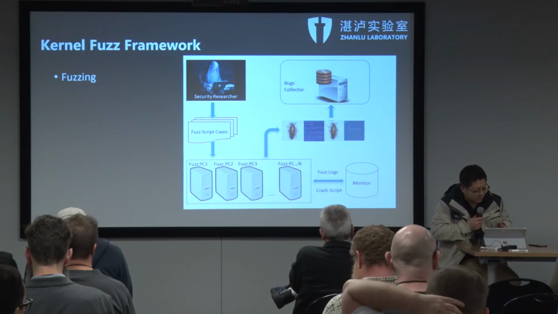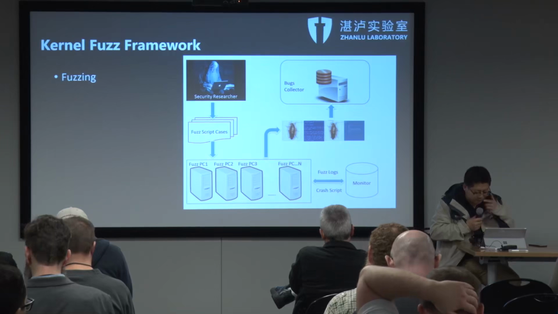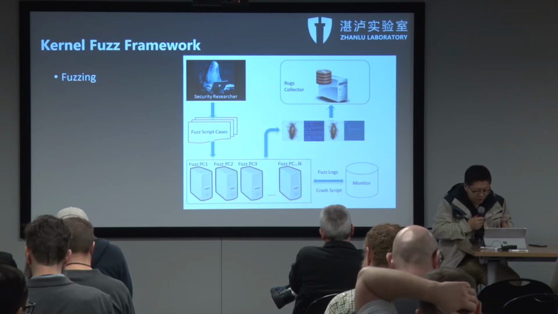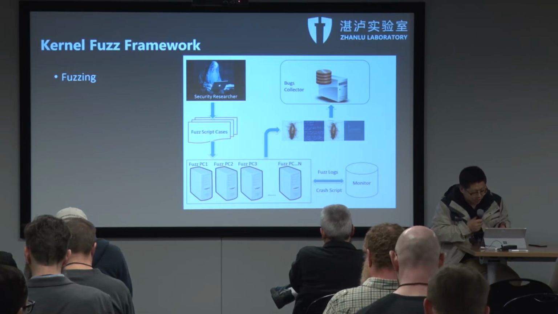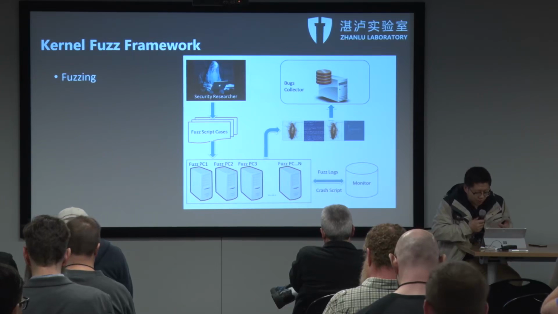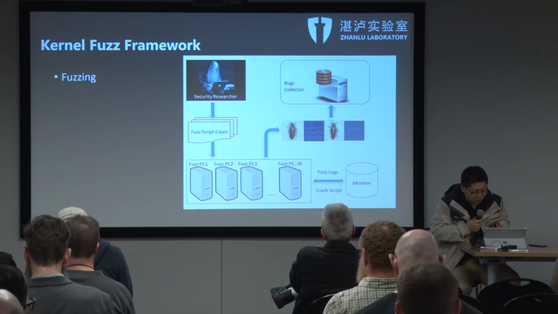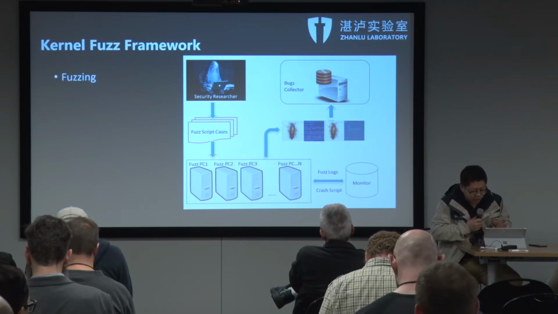So this is my kernel fuzz framework. First, you need a security researcher, several PC machines, and a bug collector. The security researchers are primarily responsible for writing fuzz scripts, and the server will generate many test cases.